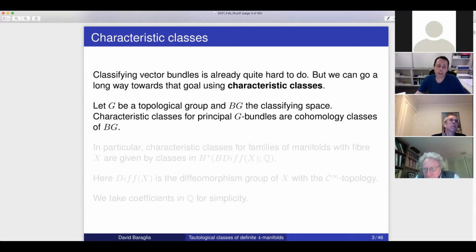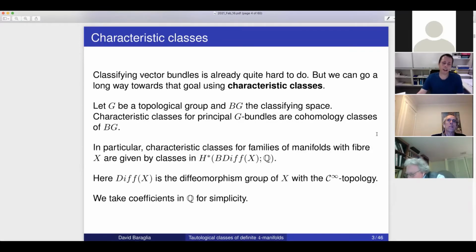So what you can do is look at characteristic classes. Even for vector bundles, it's hard to classify them over a given space, but you can go a long way looking at the characteristic classes. Not just for vector bundles, but for principal G bundles. Suppose I've got a topological group G that has a classifying space BG, and characteristic classes are basically cohomology classes of BG.